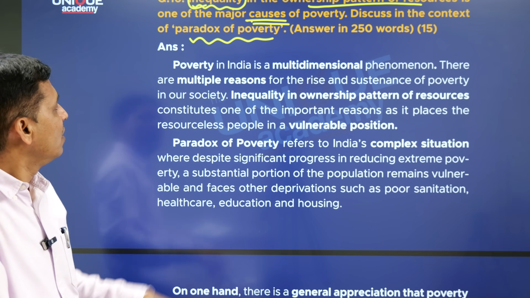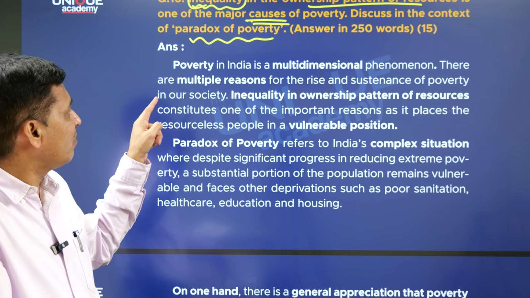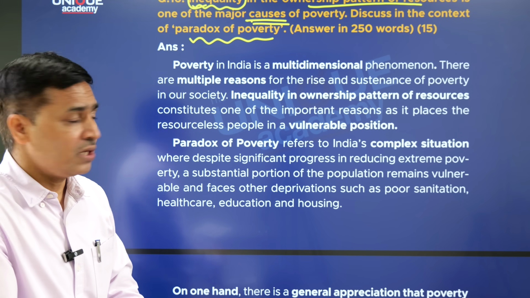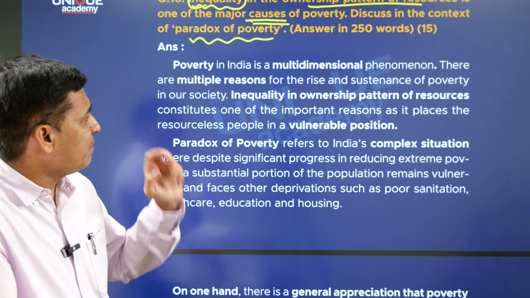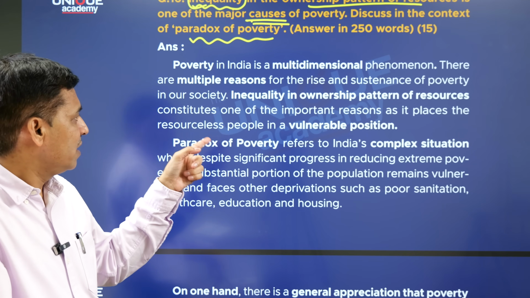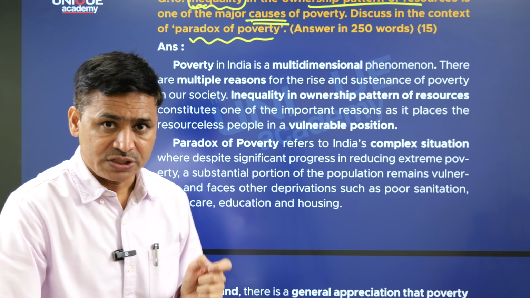Look at the introduction. Poverty in India is a multi-dimensional phenomenon. There are multiple reasons for the rise and sustenance of poverty in our society. Inequality in the ownership pattern of resources constitutes one of the important reasons, as it places the resourceless person in a vulnerable position.